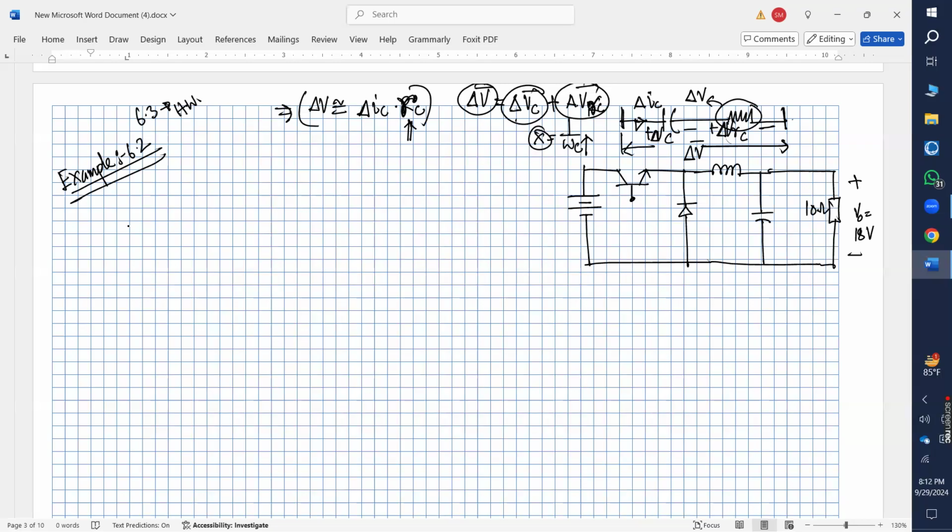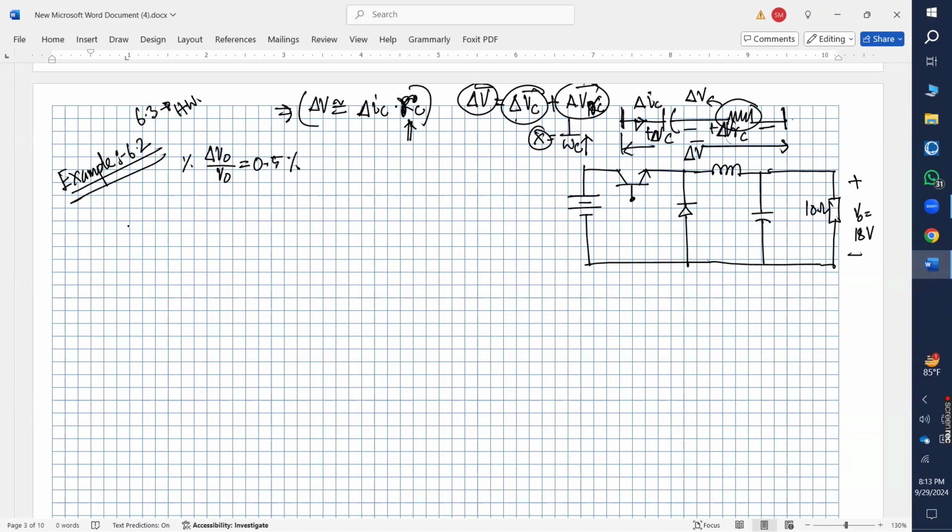And they said design for continuous inductor current, and the output voltage ripple must not exceed 0.5%. So the percentage of del V naught over V naught should be not more than 0.5%.